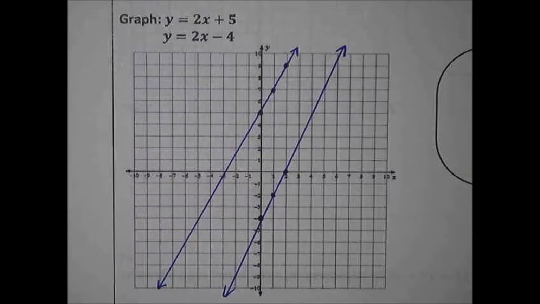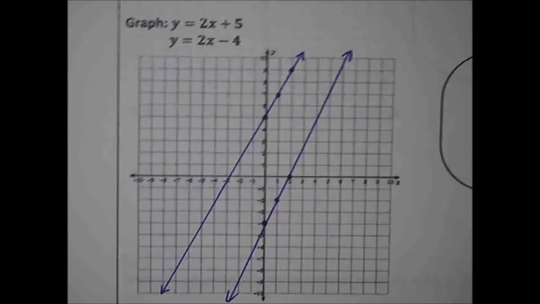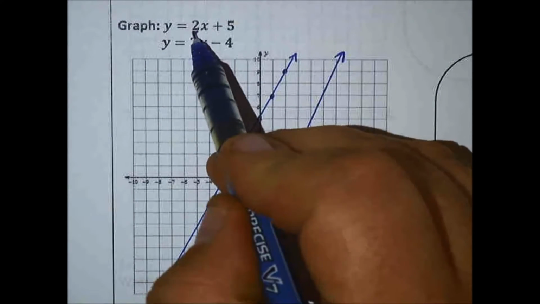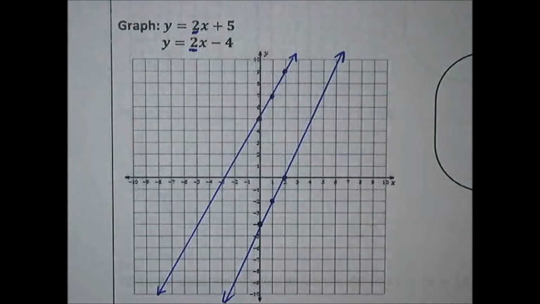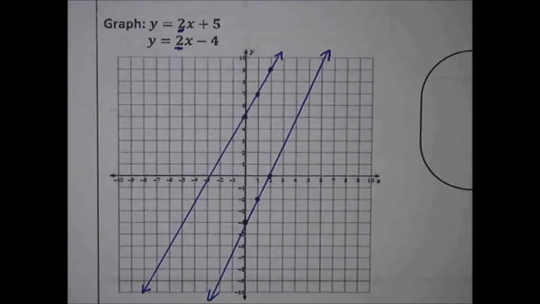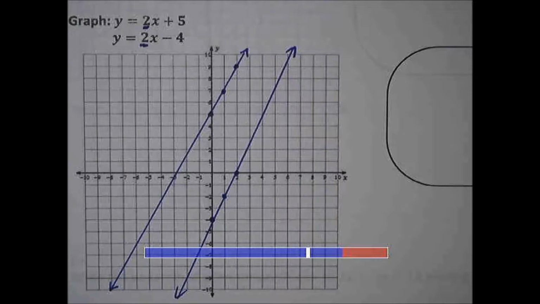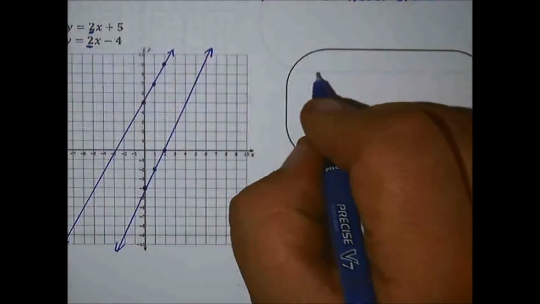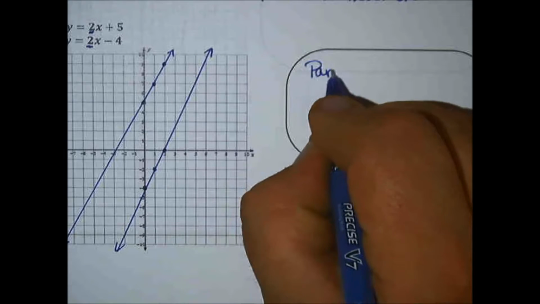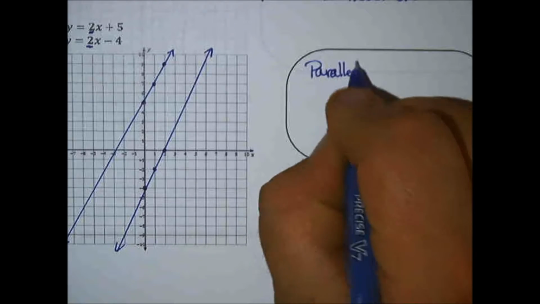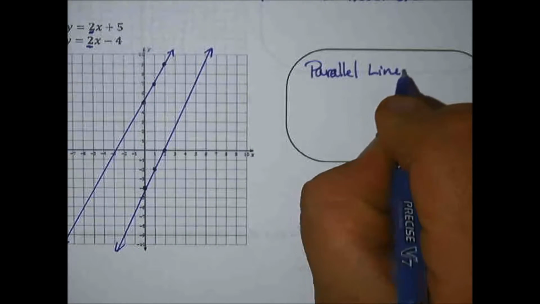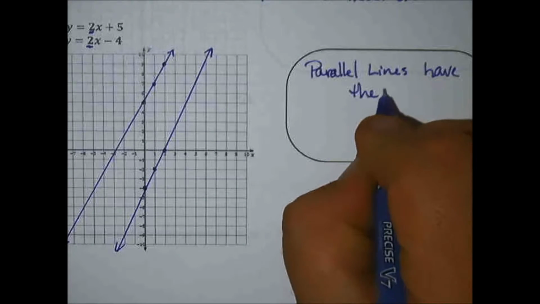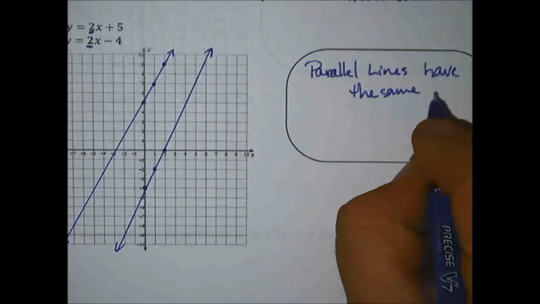So what do you notice is true about these two lines of their equations? Well, this number here is the slope, remember, and notice it's the same. Okay, so we're going to say that, and that's going to be kind of our rule, is that parallel lines have the same slope.